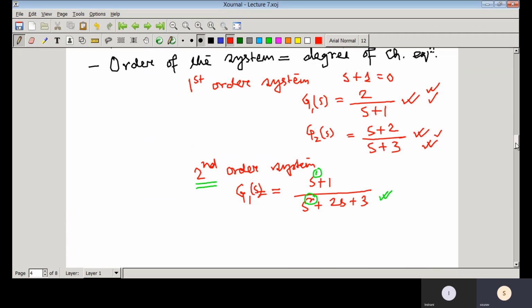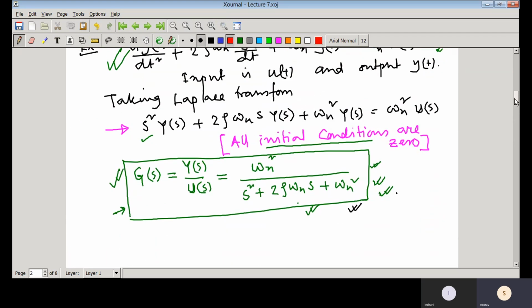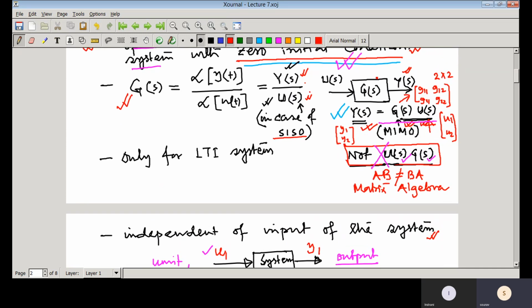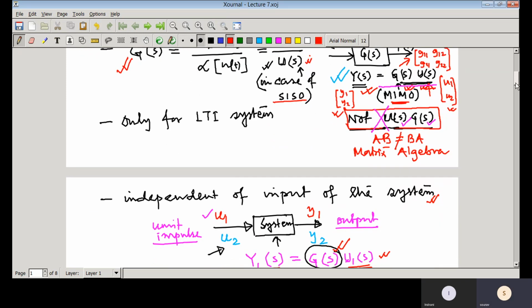As I have pointed out, whenever you are writing the transfer function, you should be very careful about this particular representation, because in the case of a multi-input multi-output system, the input is a vector and the output is also a vector. So this G(s) is no longer a scalar rational function, it is a transfer function matrix.